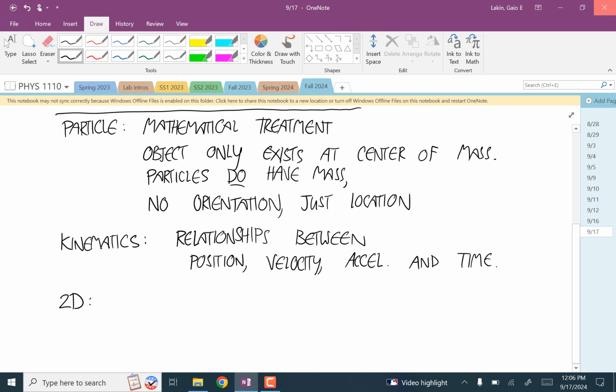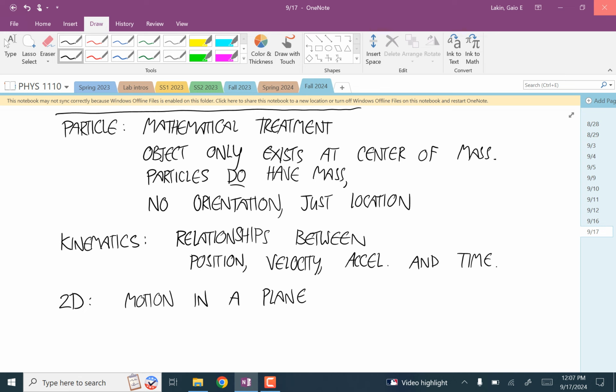So remember 1D meant, for us, a motion along a line in some direction. In 2D, this is motion in a plane. Okay, so we're going from an object having the ability to go this way or that way, it only has two choices, to now having infinitely many directions.